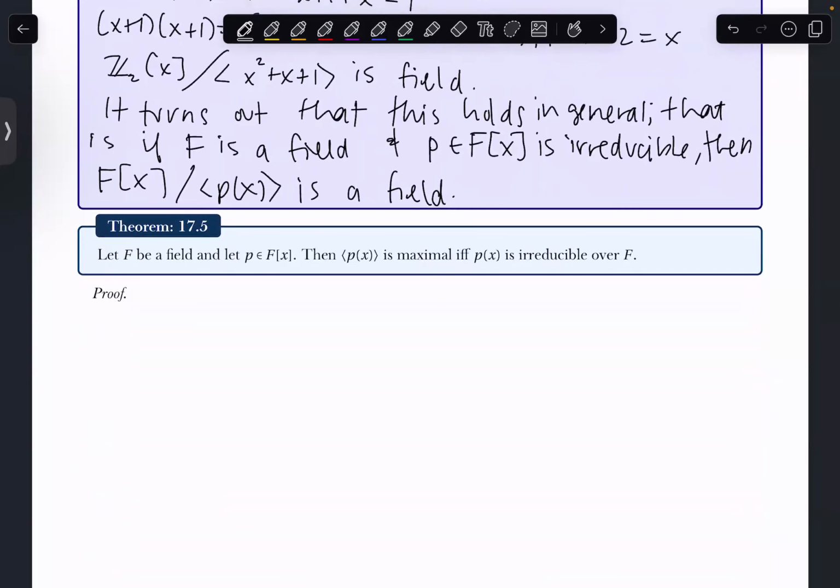But it's exactly what we were just saying here, that if I have coefficients coming from a field and I have an irreducible polynomial, oh, actually, this is like one step before that. It turns out that these irreducible polynomials give us back maximal ideals. And this maximal ideal is going to give me information about my polynomial ring over the maximal ideal, it's going to give me back a field, right?